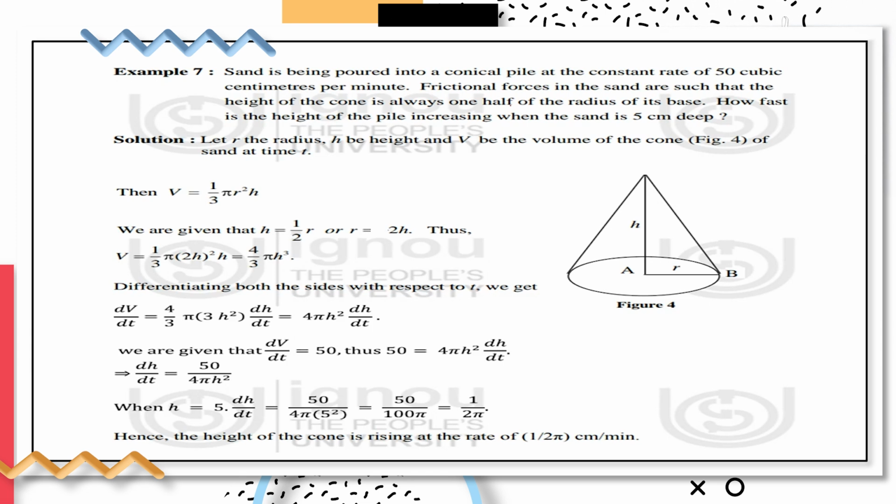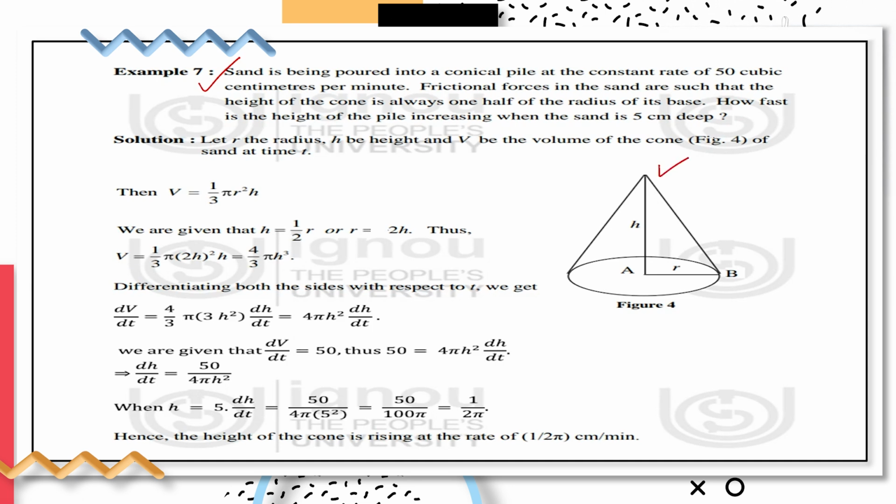You are supposed to practice how to transform English statements into their equivalent mathematical version. That's why we are solving these many problems, so that you learn how to transform English statements into mathematical equivalents. In this example number 7, it is given that sand is poured into a conical pile.